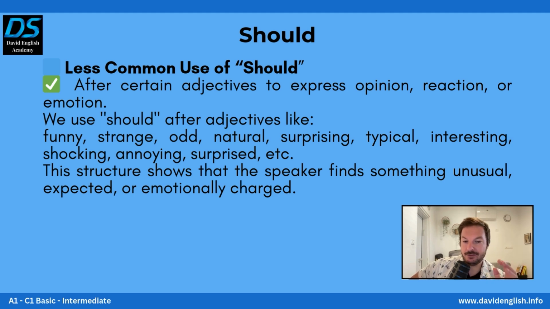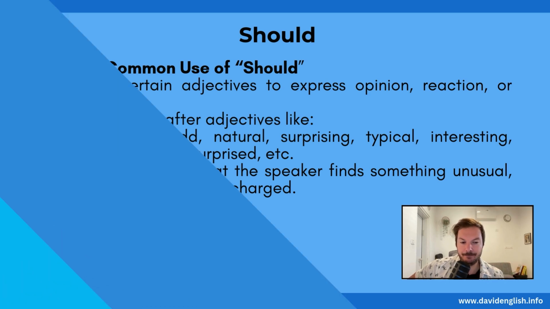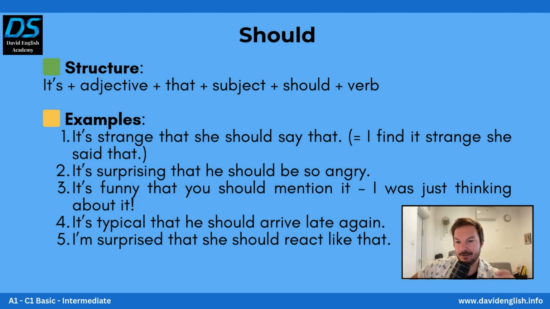This structure shows that the speaker finds something unusual, unexpected, or emotionally charged. The structure is like this: it's, plus an adjective, plus that, plus the subject, plus should, and plus the verb.